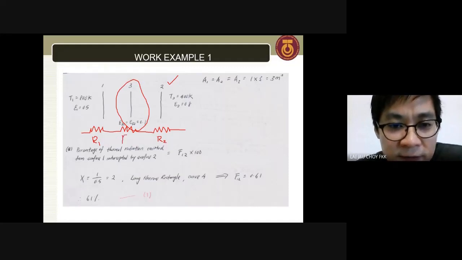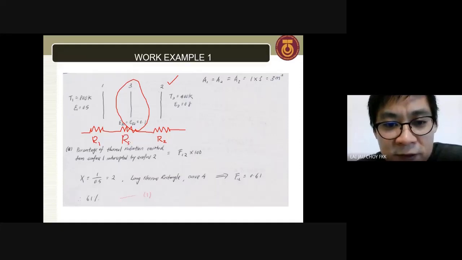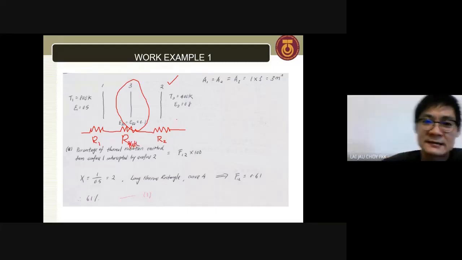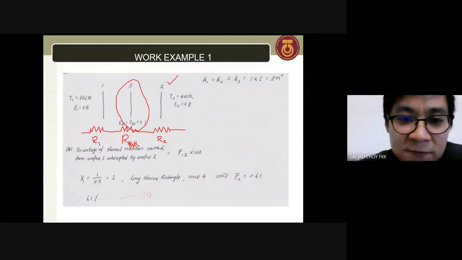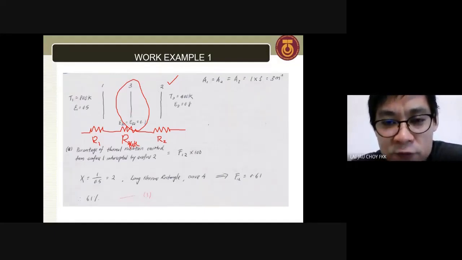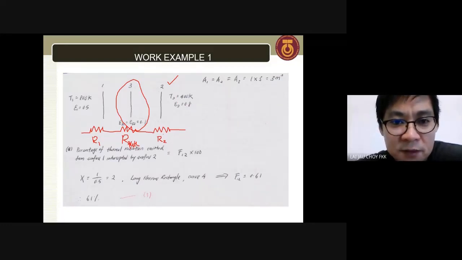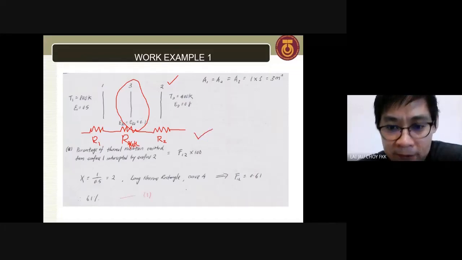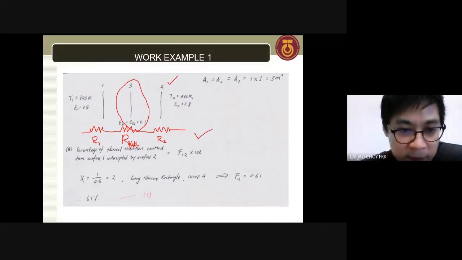Here is normally we call, you can name it R3, or some people name it as R space, resistance between surface 1 and surface 2. Then after that, I think a good solution will provide first this diagram. Second, it will provide the circuit diagram. Then next slide.